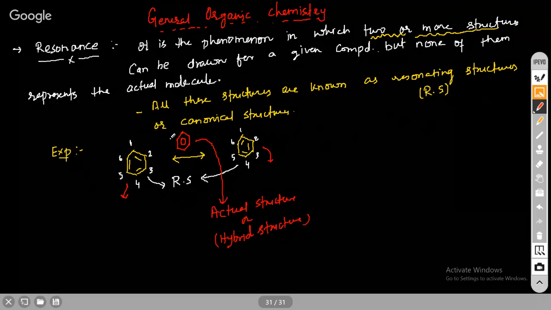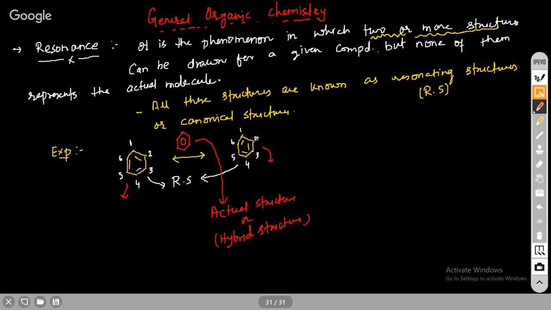what is this circle that I put here on this molecule? What does this circle actually mean? You see, in these two molecules, we have double bonds between first and second, third and fourth, fifth and sixth carbon atoms.